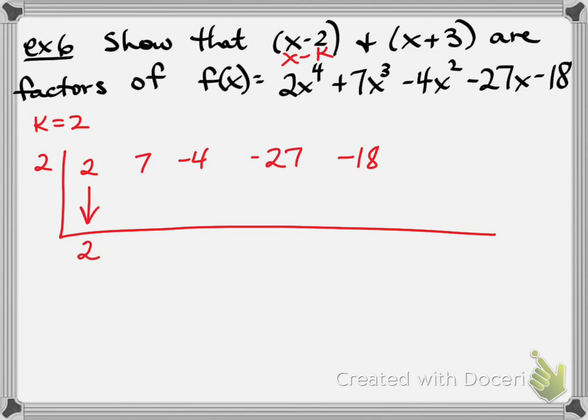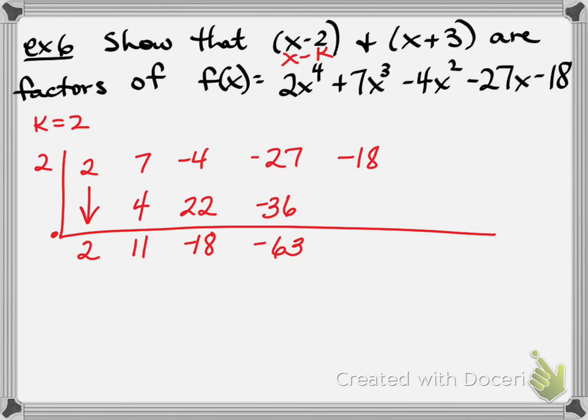Then we start multiplying. 2 times 2 is 4. We add 7 and 4. 2 times 11 is 22, and we add. 2 times negative 18 is negative 36, and we add. I don't think I did something right.